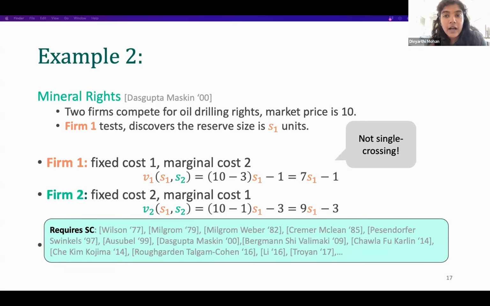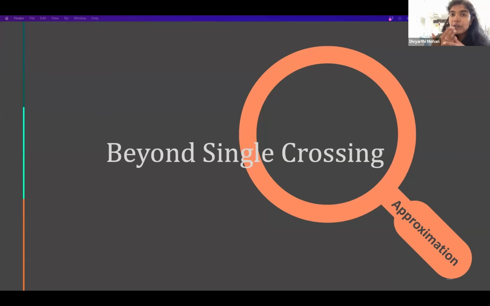And when this does not exist, there has been no way to even guarantee anything. And that's exactly what we are going to be looking at. We are going to figure out how to go beyond this assumption of single crossing, crucially through the lens of approximation.